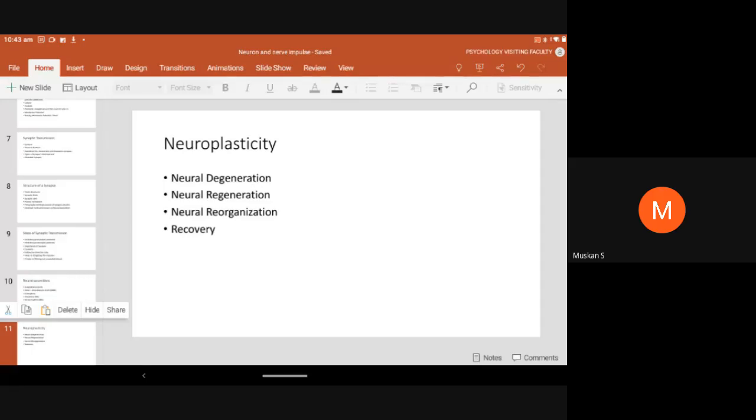Before that, I will tell you that in the first section we studied the structures, the functions, the conduction, and the transmission of the synaptic region. Now, this section is the last portion of this chapter or unit. Here you will see the effects of neuroplasticity or neurogenesis.